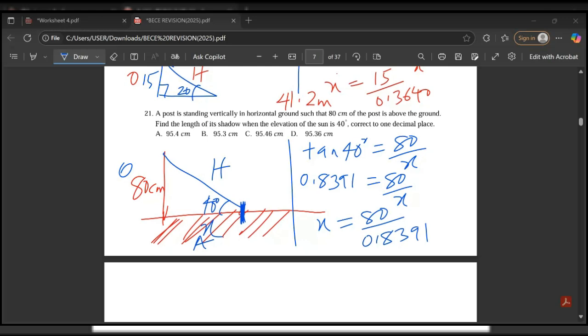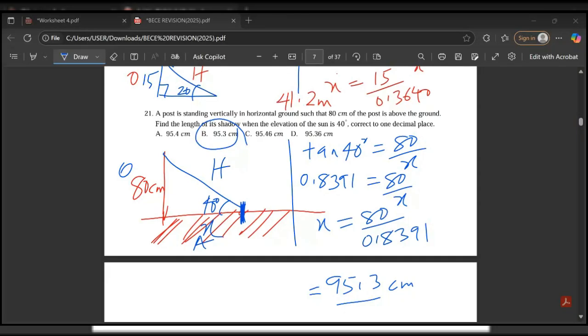All right, let me confirm that. Okay, good. So this gives us 95.3 centimeters. That's option B.